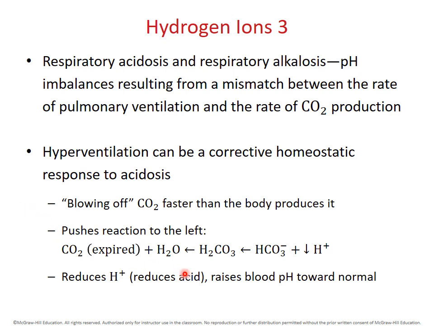So essentially, we release more CO2, and that ultimately reduces how many hydrogen ions are in the system because we're driving the reaction back this way, and that's going to raise the blood pH back to normal. All right, so simply by reducing carbon dioxide levels in the blood, we get an adjustment that corrects the acidotic condition.